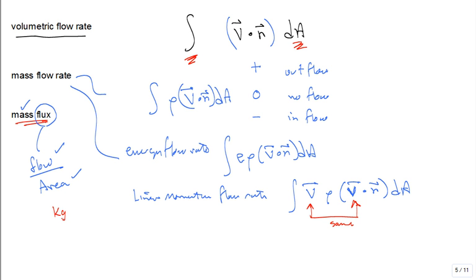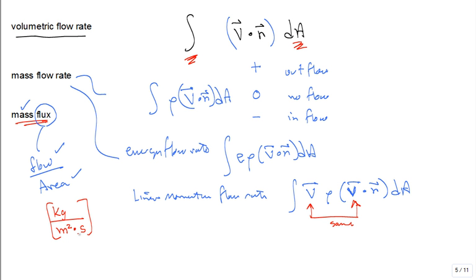Kilogram per meter squared per second. Does that make sense? But the first time you see it, you think, what, this is crazy. But it's a mass flux. It's a flow rate per unit area. It's going across that area.